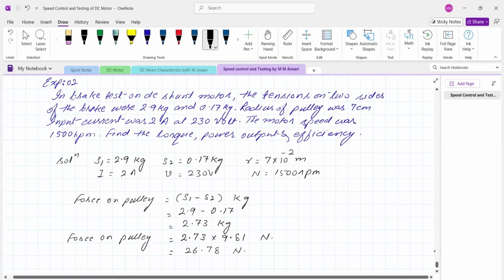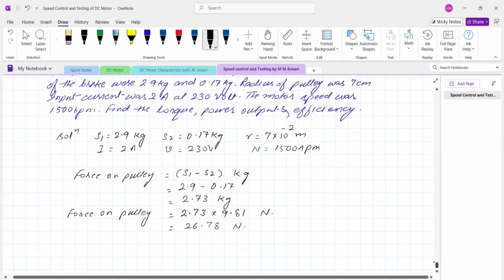Once we know the force, we can calculate the torque. So torque TSH, the shaft torque, is force multiplied by radius.